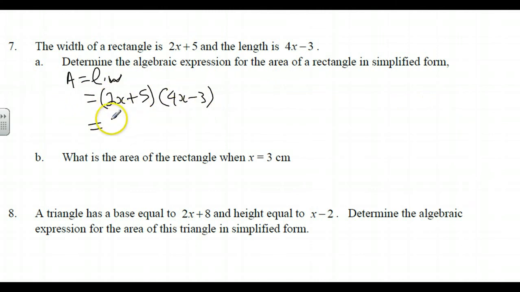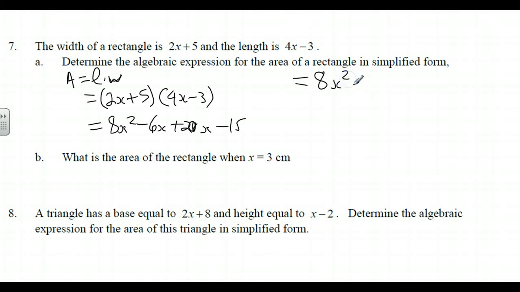So, FOIL: 8x squared, minus 6x, plus 20x, minus 15. It's like this pen is running out of ink or something.